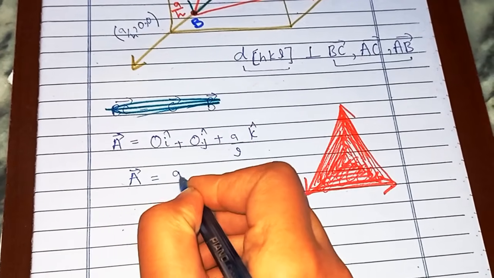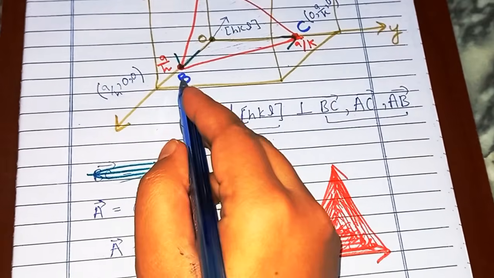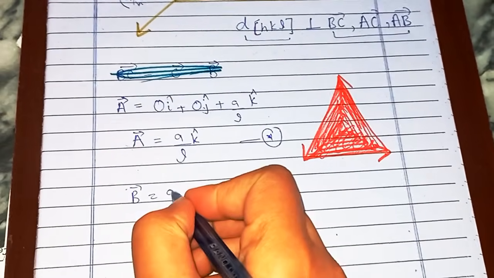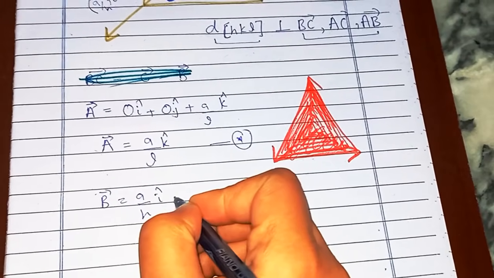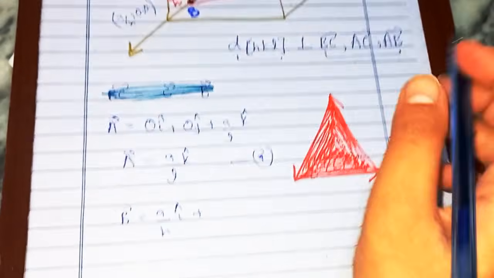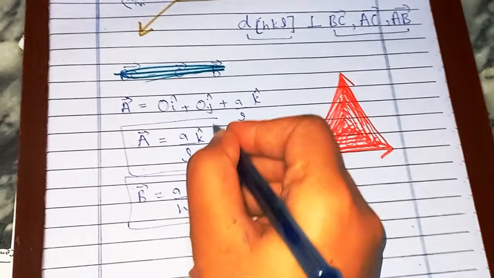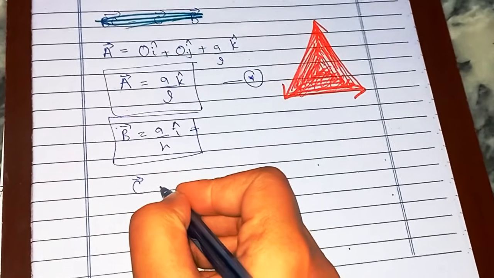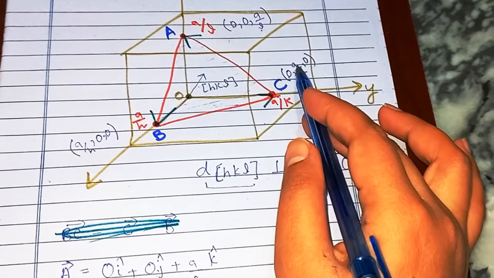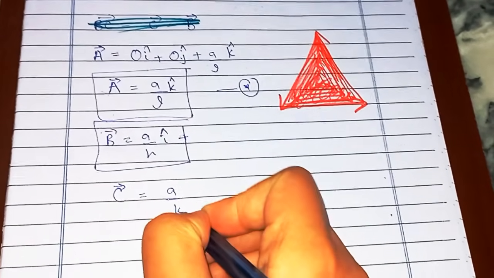A is simply a by l k hat. Next we have the b vector, which is a by h i hat. j hat and k hat are the unit vectors; 0 j hat and 0 k hat we don't need to write. Then we have c, which is 0 i hat plus a by k j hat. We don't need to write the 0 one, so a by k j hat.